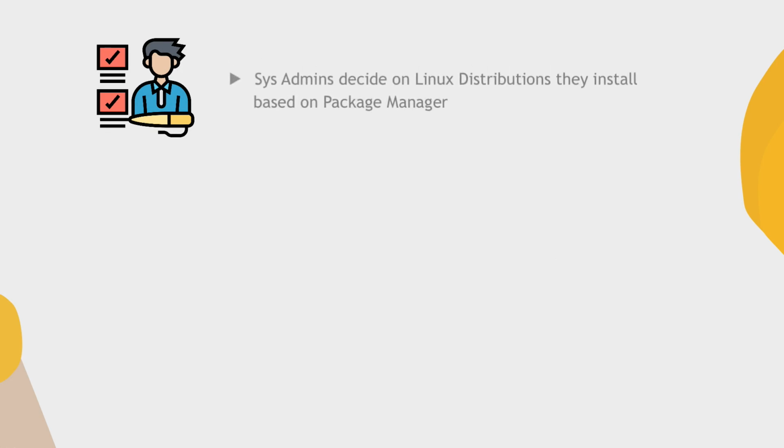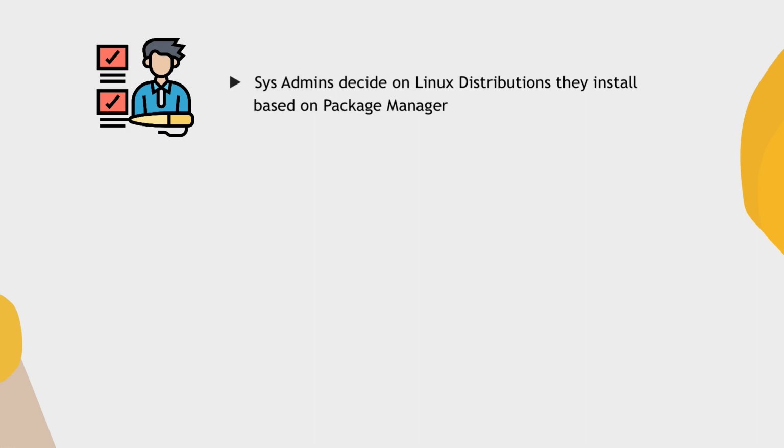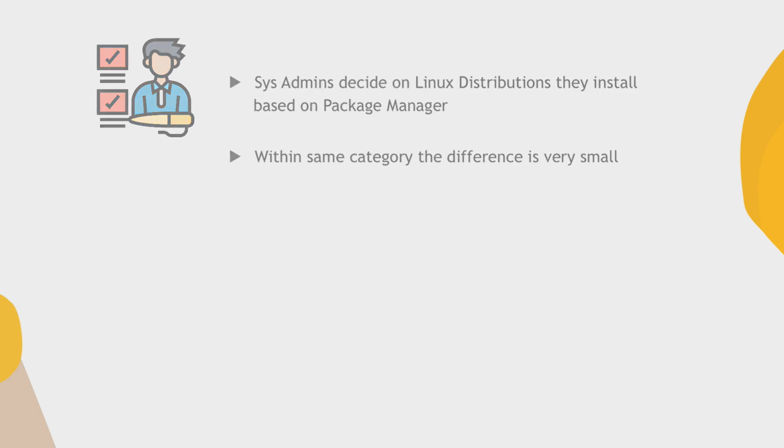So system administrators, for example, who configure the servers may decide which Linux distribution they install based on the package manager tool they prefer. However, within the same category, the difference between the distributions is essentially very small. Mostly it's the desktop environment and visuals, which you can also change and adjust.